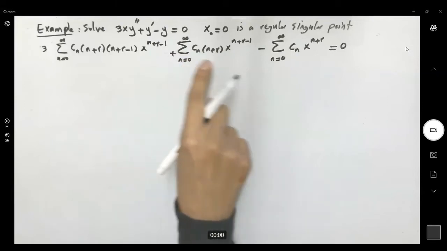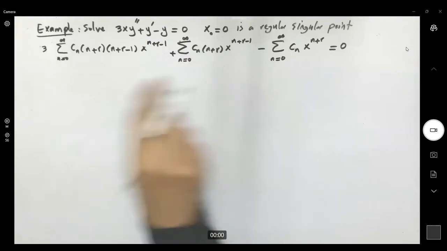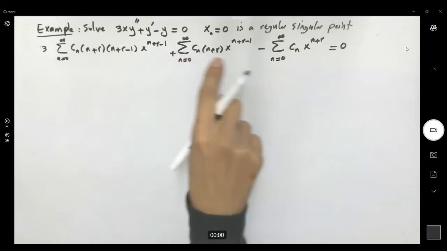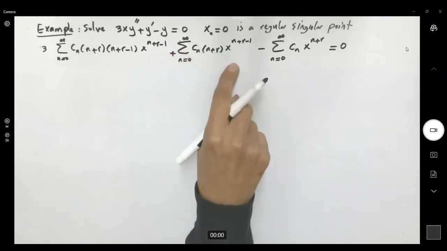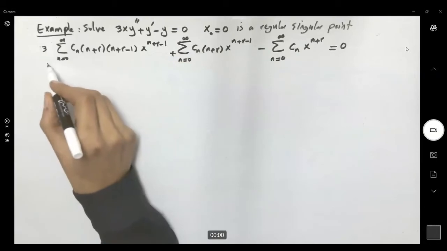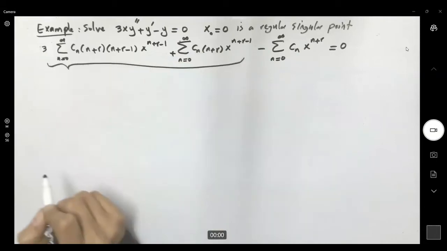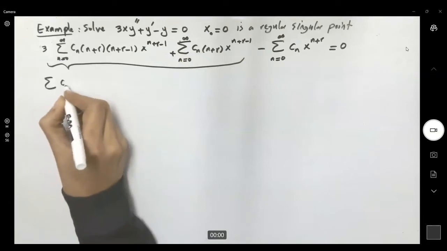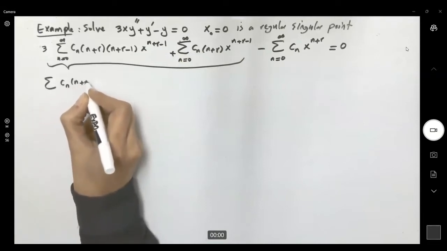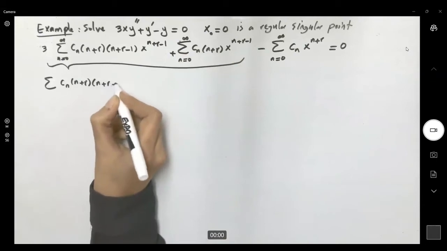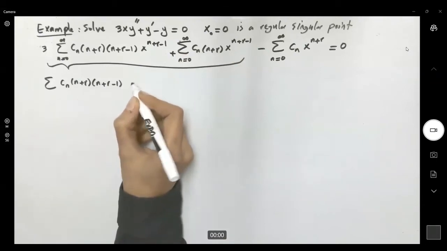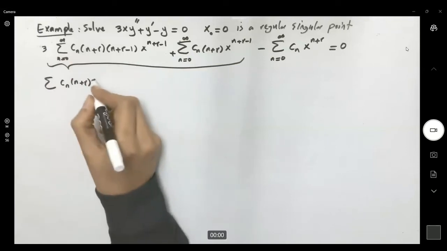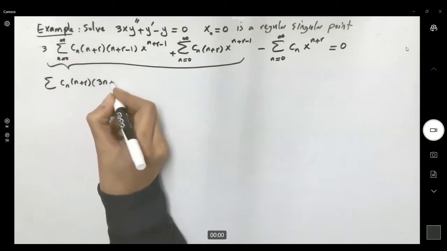As you can see, these two series have the same starting index, and the x has the exact same exponent. So you can combine these two series. This guy becomes the sum Cn (n plus r)(n plus r minus 1). And I'm going to distribute this 3 here. It makes it easier for me to do the calculation later.